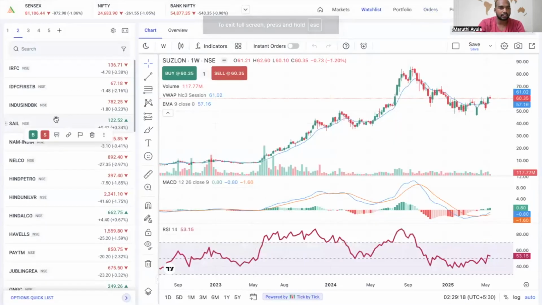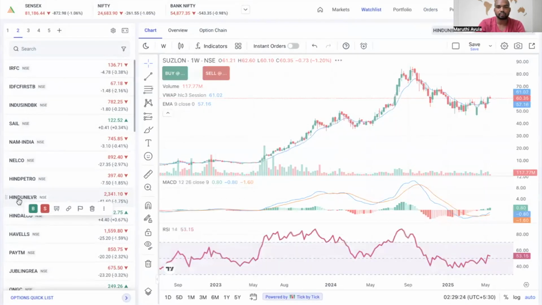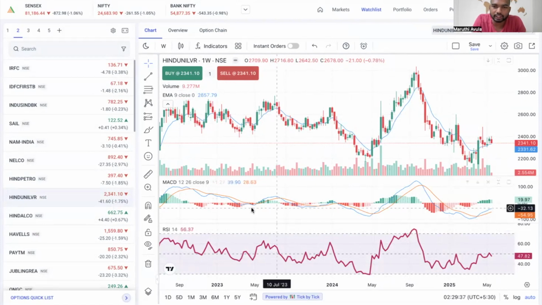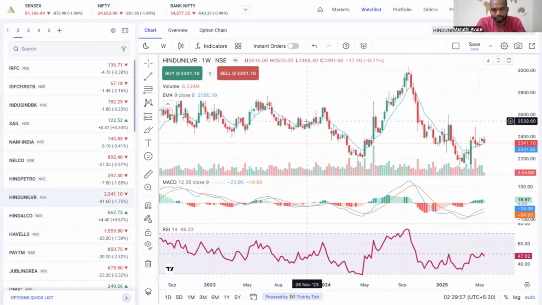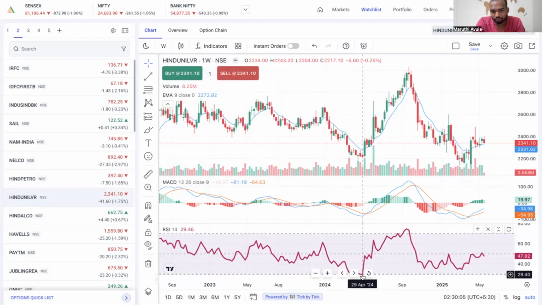Let's take any one good stock. I'll take Hindustan Unilever. Here you can see, guys, from the past to present, how it happened. As long as MACD and RSI are constant, the market is also constant. But here you can see RSI touches 29.40.